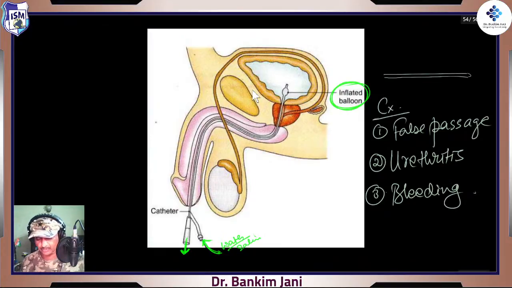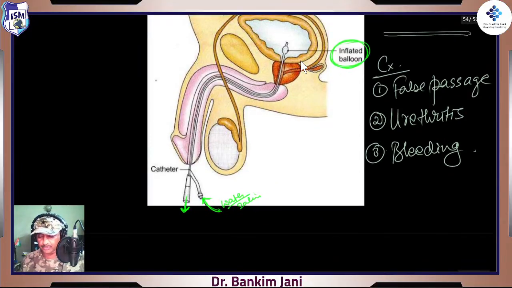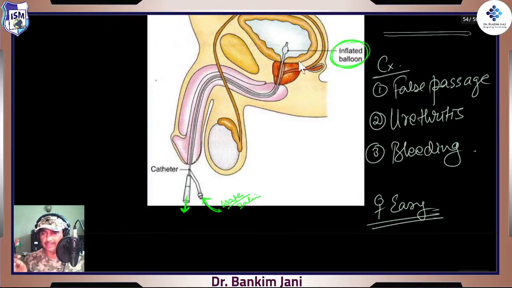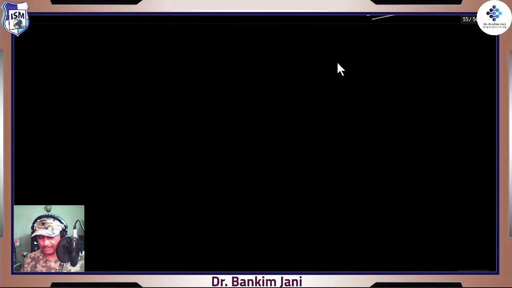These are some of the complications, but otherwise this is a very common procedure, and normally it won't pose any problem. In case of female, it is absolutely easy because the catheter is also different, and as the length itself is just 4 centimeters, it is just a matter of putting it in, right?